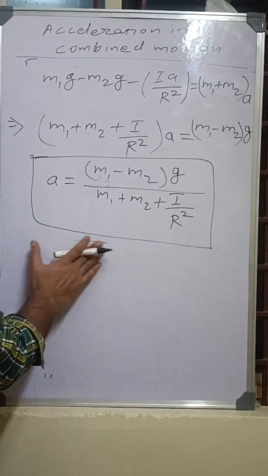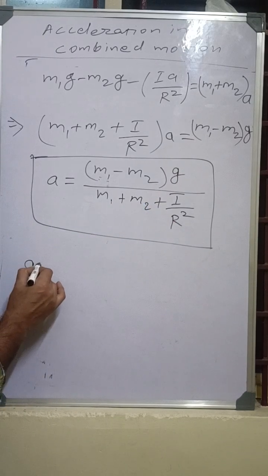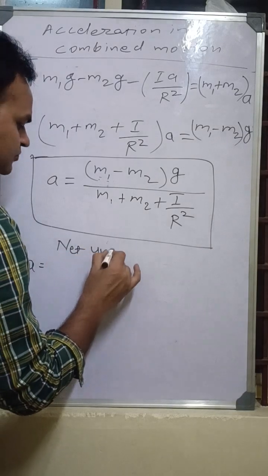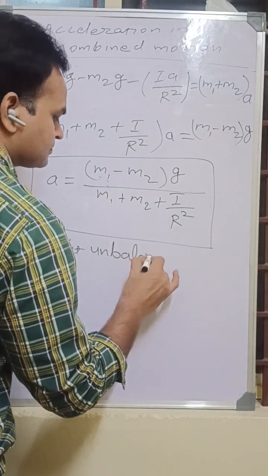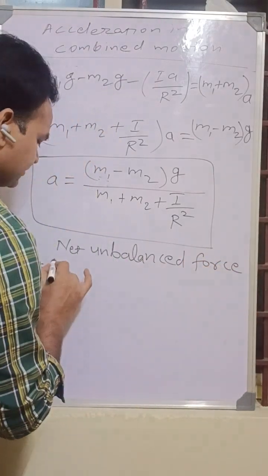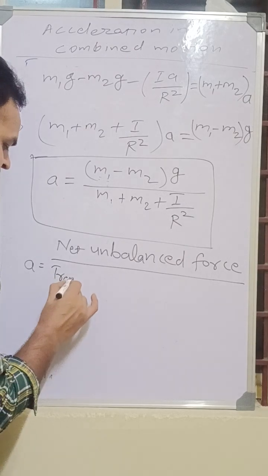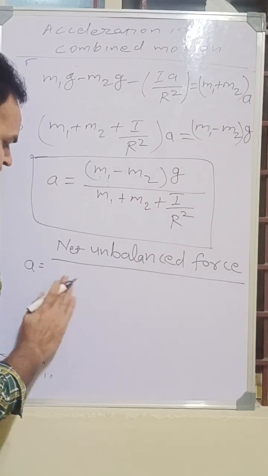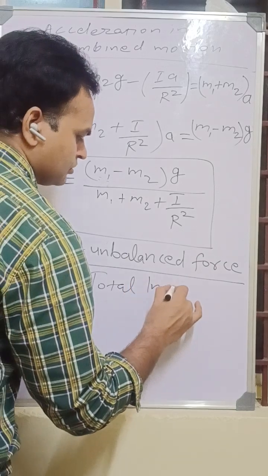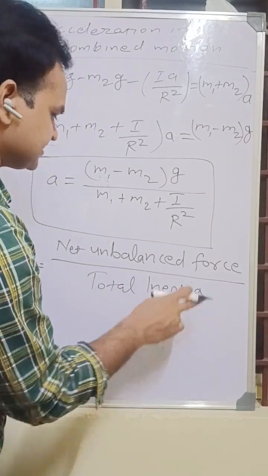Okay, so this result can be generalized as acceleration A equal to net unbalanced force divided by total inertia of the system.